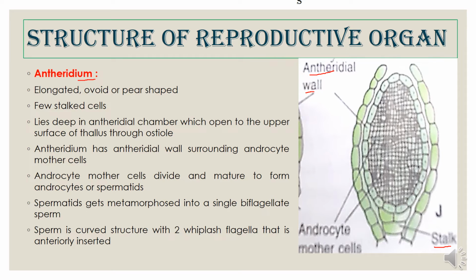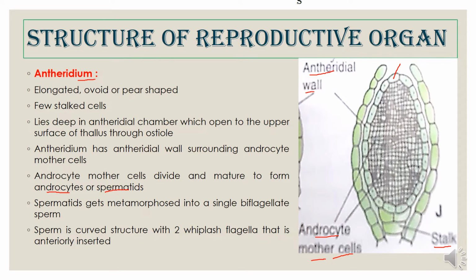The layer is single cell thick, and the jacket cells are sterile, and inside the jacket are the fertile cells or the androcyte mother cells. The androcyte mother cells undergo repeated division to form the androcytes or the spermatids.